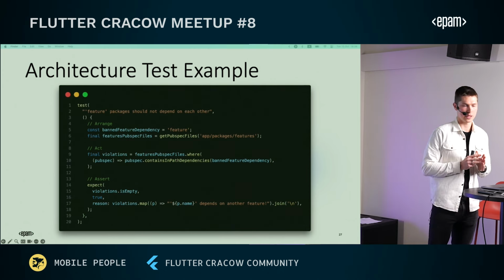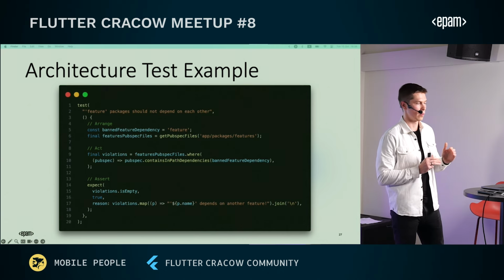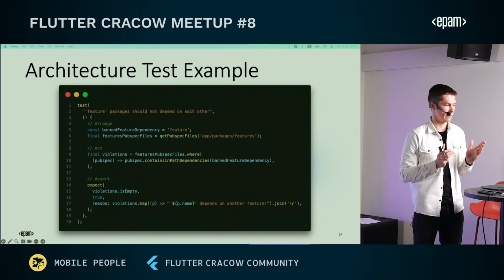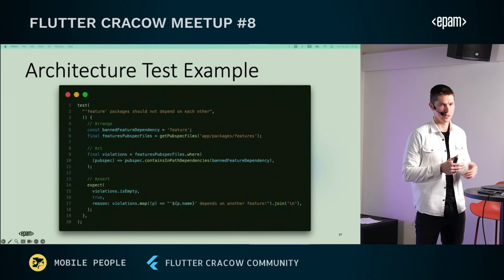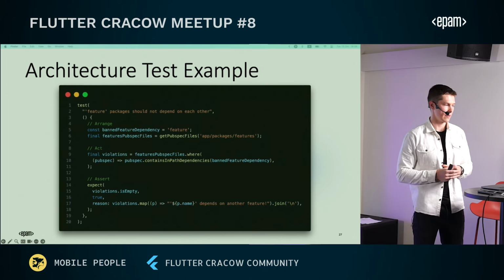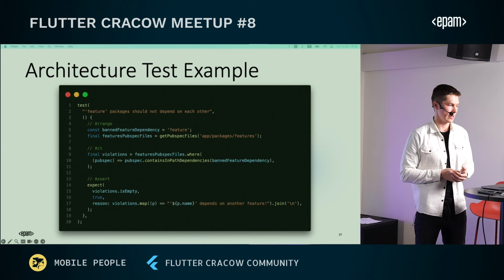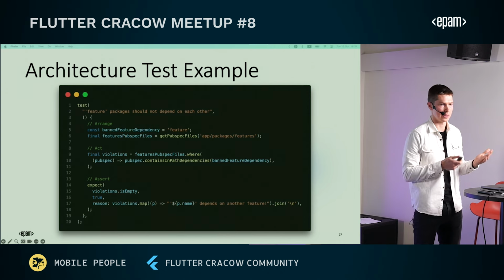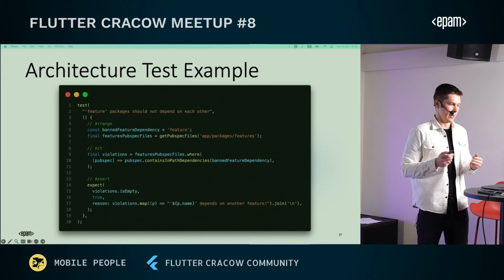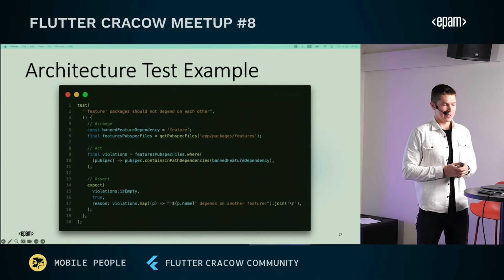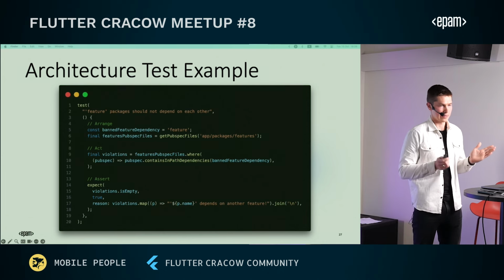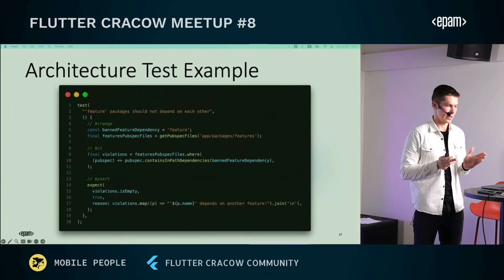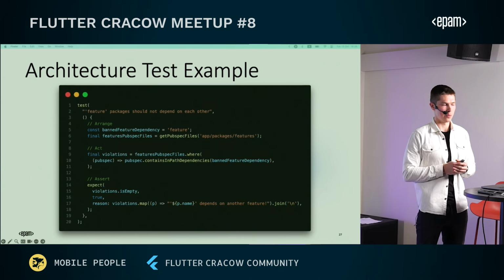We did want to achieve that, to have lower coupling between our feature modules, and this test was validating exactly this rule. Of course, we had quite a few other tests, but you can see that the tests are quite small, quite simple, quite readable, and were giving good enough results right away. So the approach was quite simple, but proved to be quite powerful and covering our needs completely.